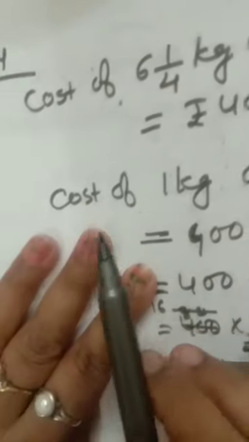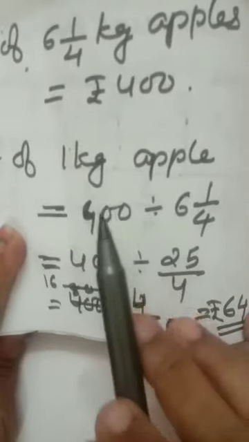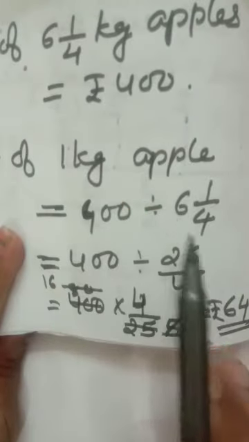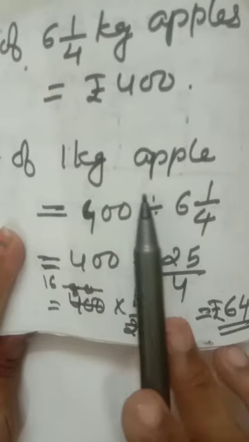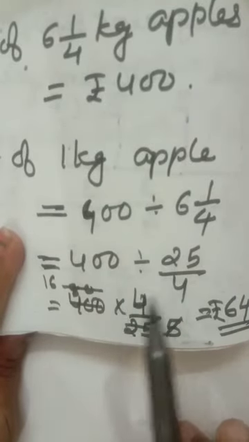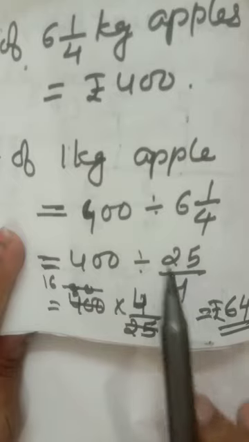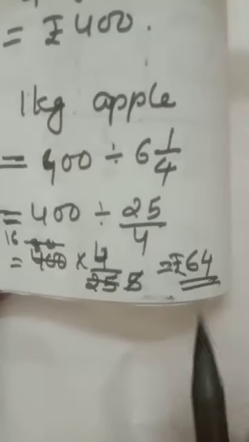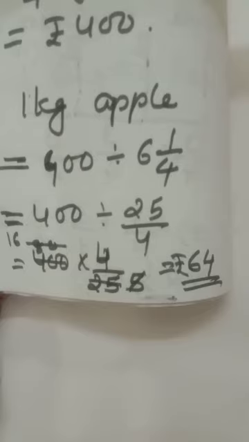That means you have to find out the cost of 1 kg, so you have to divide. Cost of 1 kg apples is 400 divided by 6 and 1/4. Division converts to multiplication, and the second number you take the reciprocal and cut out, you will get rupees 64.